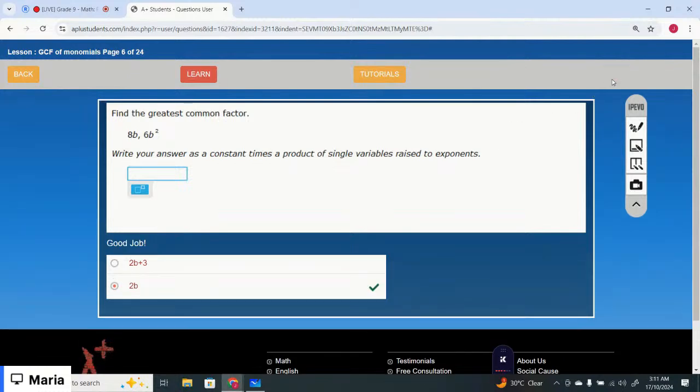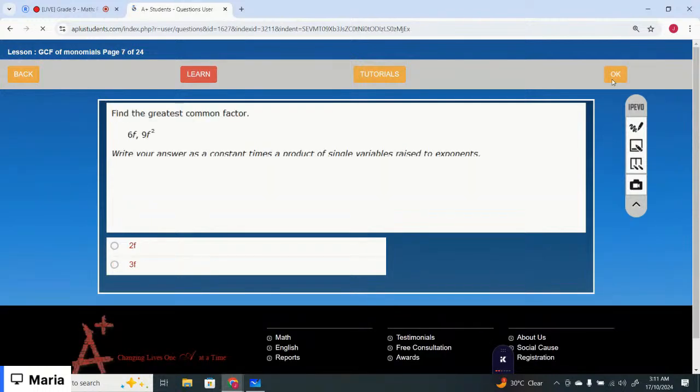Okay, the next one is find the greatest common factor of 6f and 9f square. So which is the correct option? Which is the GCF?